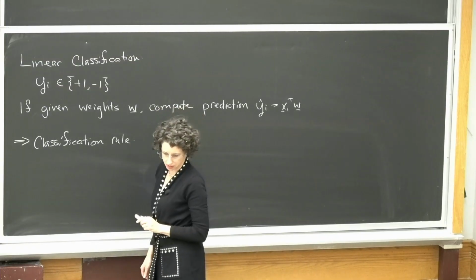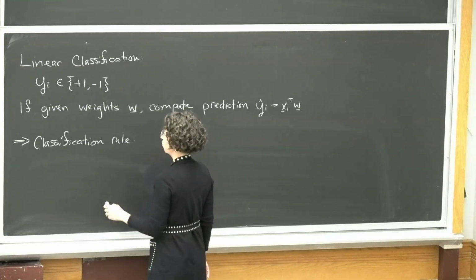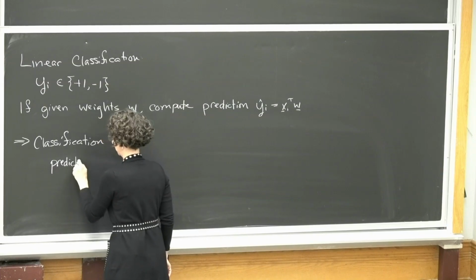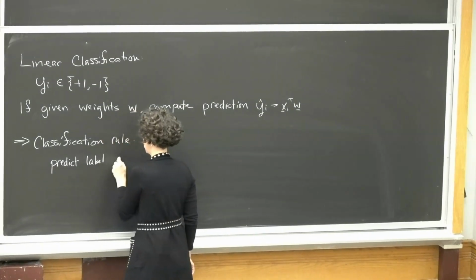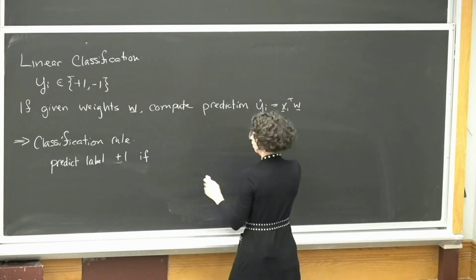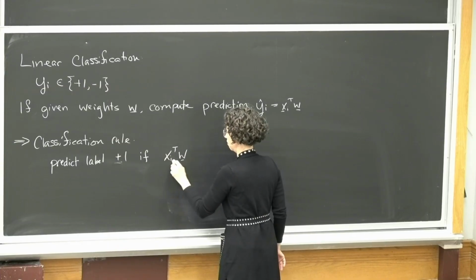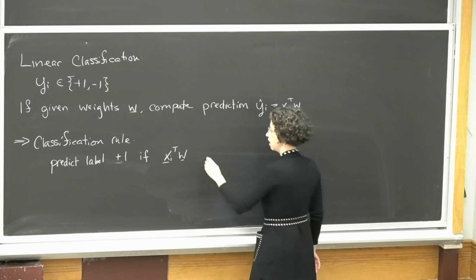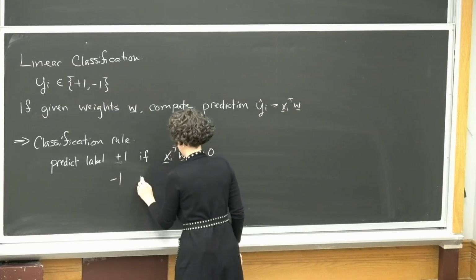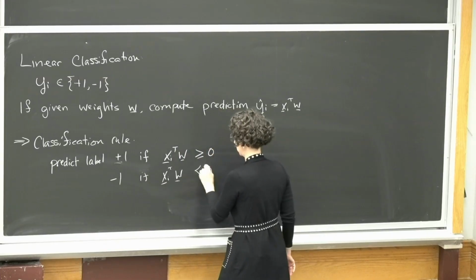And by that, what I mean is that we are going to predict label +1 if our linear or weighted sum xi transpose W is greater than or equal to 0, and -1 if xi transpose W is less than 0.